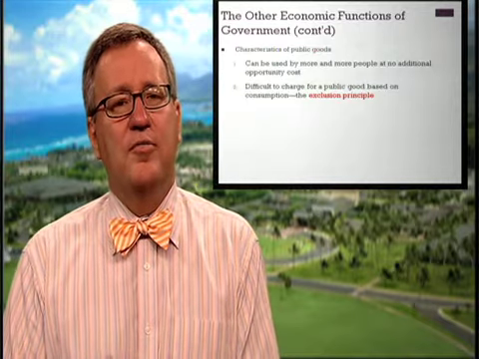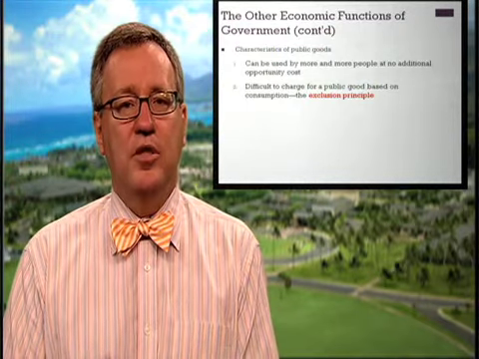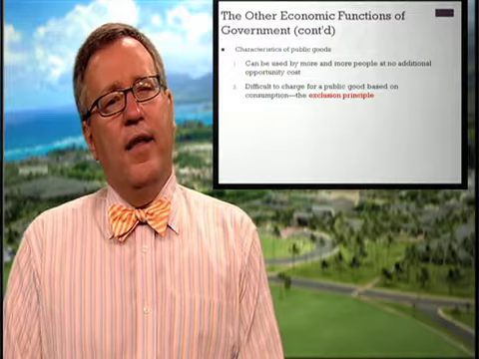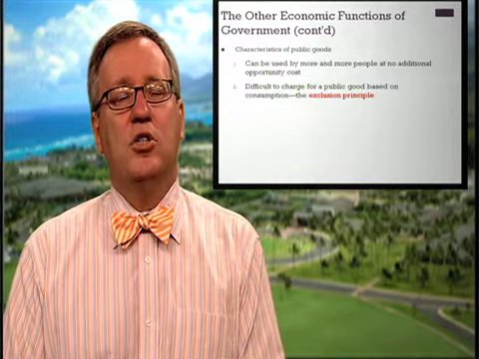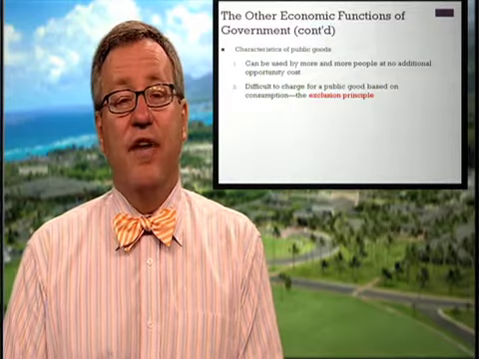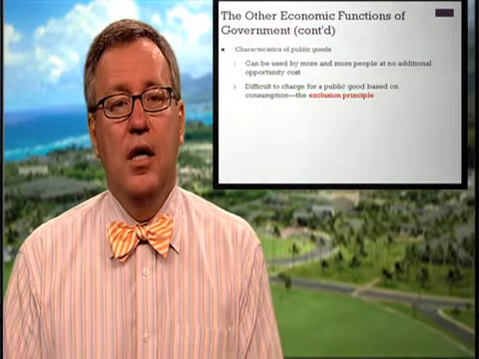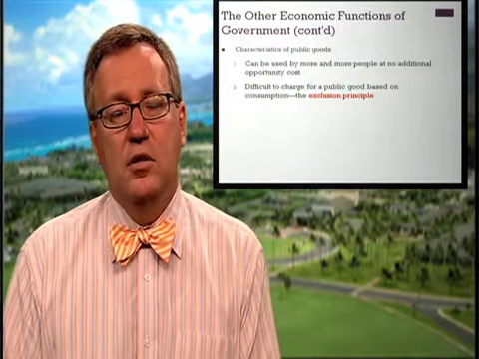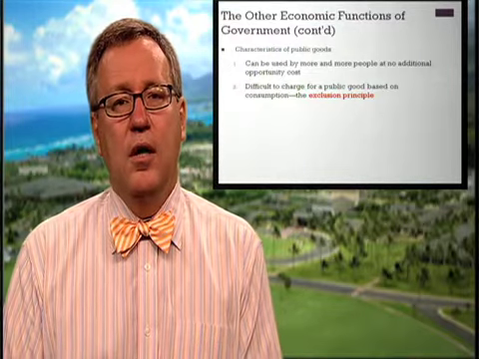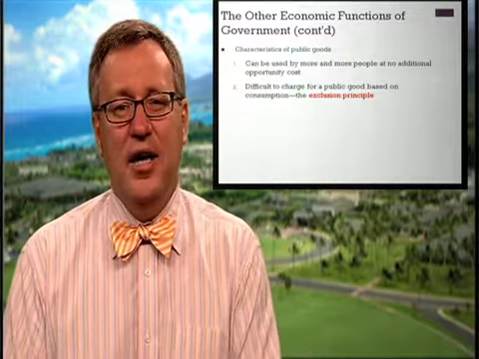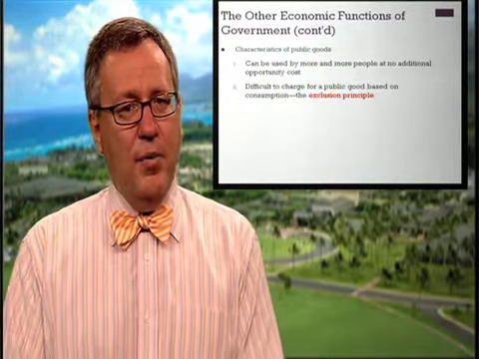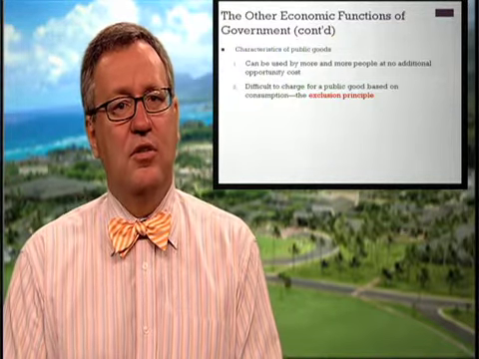Some other characteristics of public goods are the exclusion principle. Since a good can be used by more people at no additional opportunity cost, it's very difficult to exclude them. If those two people living in the adjoining dorm rooms, one is consuming national defense and the other one says, I don't really care about national defense. How do we exclude that person from national defense?